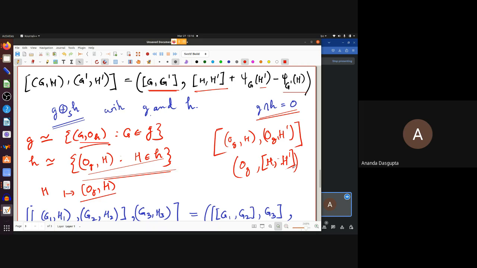That is, Lie bracketing two h elements essentially will be mimicked by Lie bracketing the pairs. But is this true? Quickly, is this true? Is the question clear to everybody?